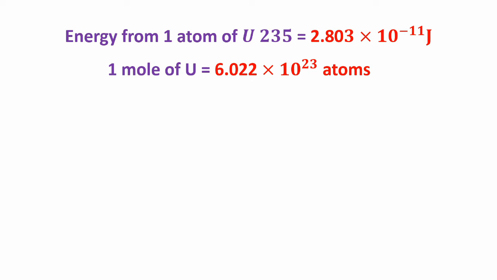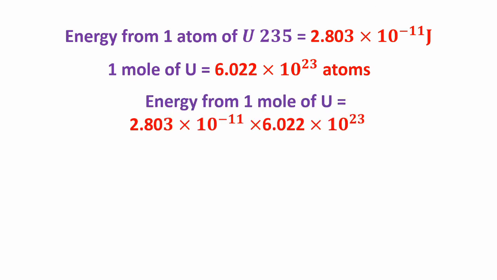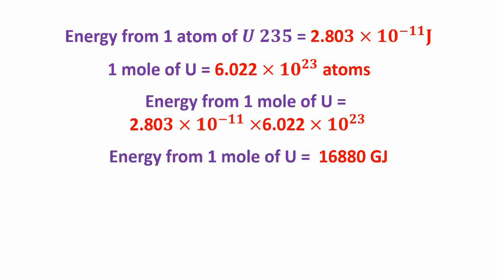1 mole of uranium will have a number of atoms equal to the Avogadro's constant. So the energy released by 1 mole of uranium will be the energy released by one atom times the number of atoms, which means 1 mole of uranium releases over 16,000 gigajoules of energy.